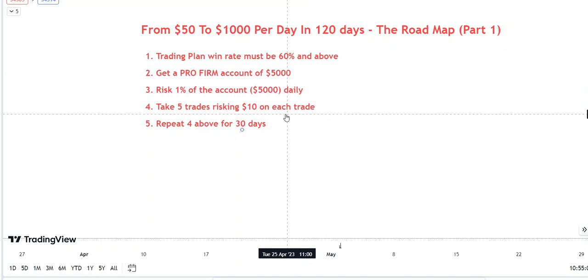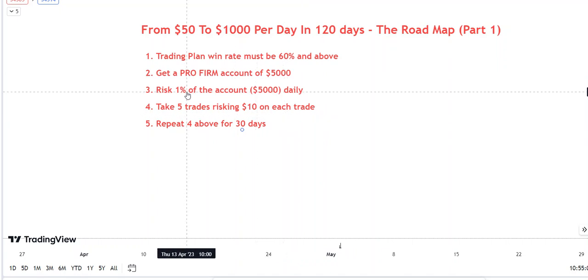The number three aspect is that once you get that $5,000 trading account, you risk only 1% of that account daily, because what we are looking at here is compounding.